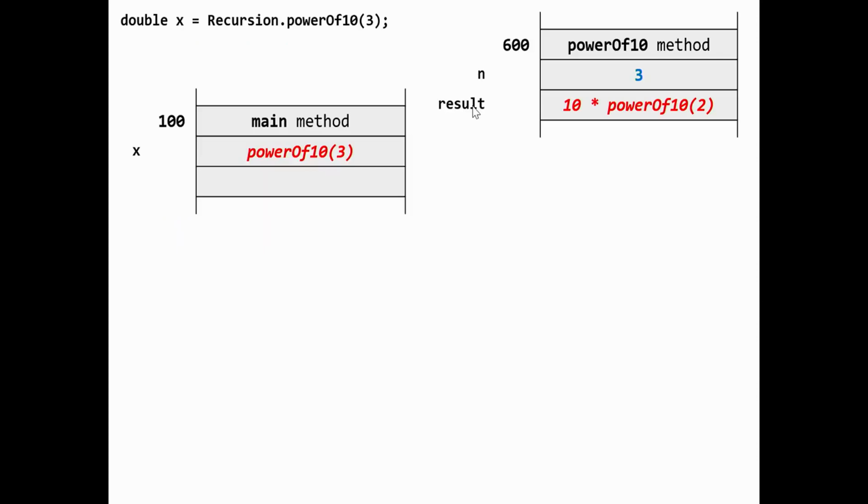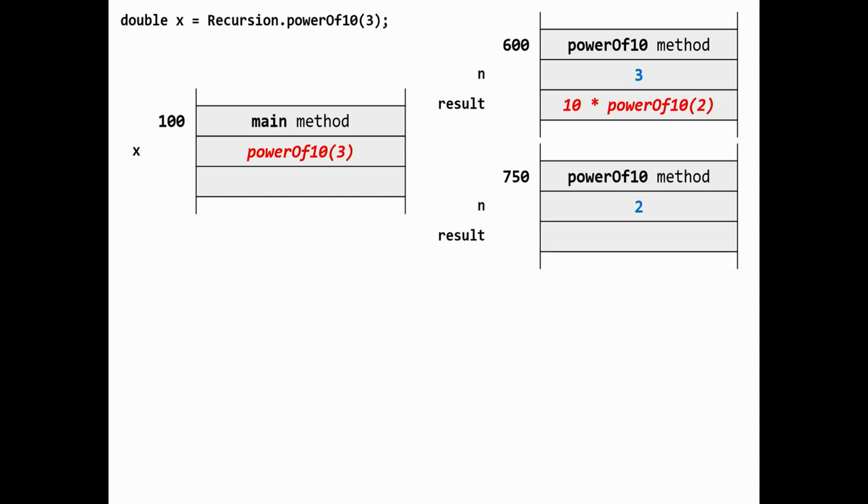The result, which also takes up memory on the call stack, is the value of 10 times power of 10 of 2. But that's another call to a method, so that method appears on the call stack. That 2 appears in the parameter n of this version of the method, not the previous version.